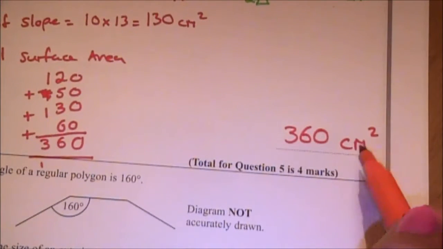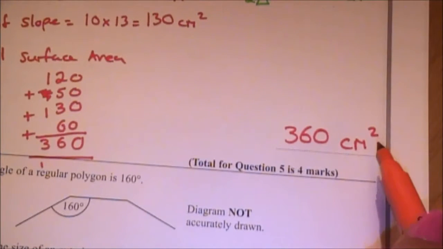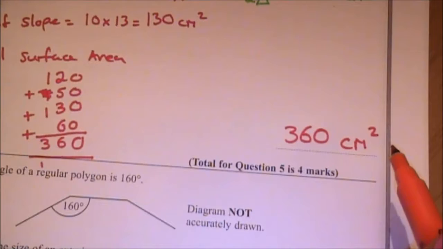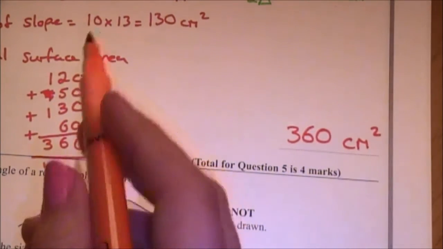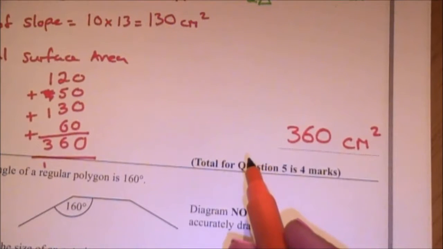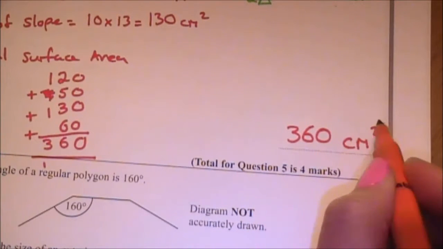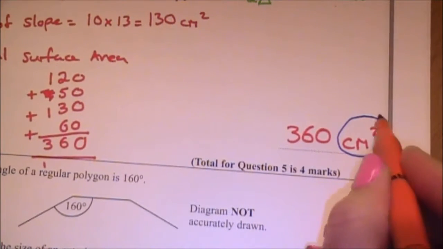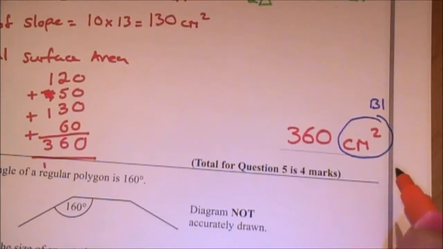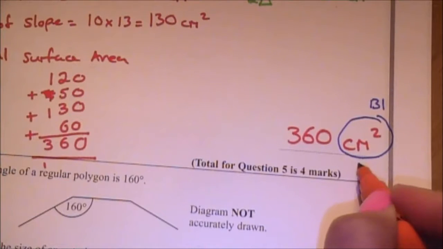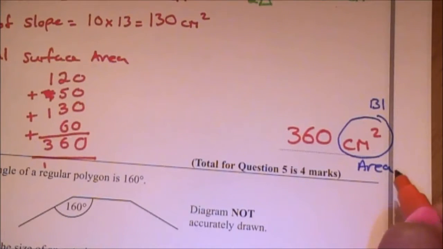But usually they would have given me a cm squared on the answer line. But the very fact that they haven't given me a centimetres squared means that regardless of how I attempted that question or what answer I got, I would always get 1 mark for putting centimetres squared on my line, because centimetres squared goes for area.